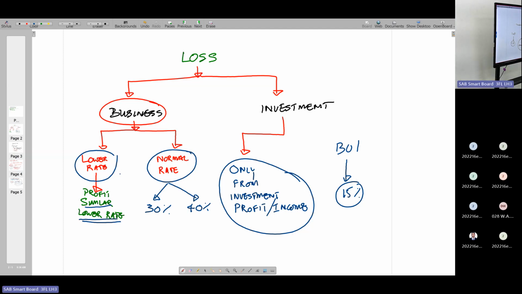So this is a specific area. I mean the specific business activity. This 40% is applicable for liquor, tobacco, betting and gaming. That type of business is taxed at 40%. Say we have a loss from this particular business, that loss cannot be set off against this one.